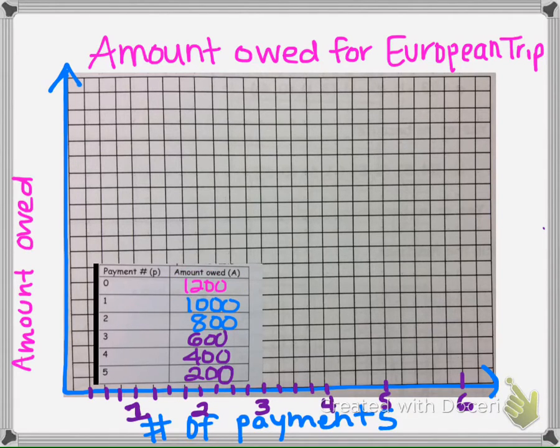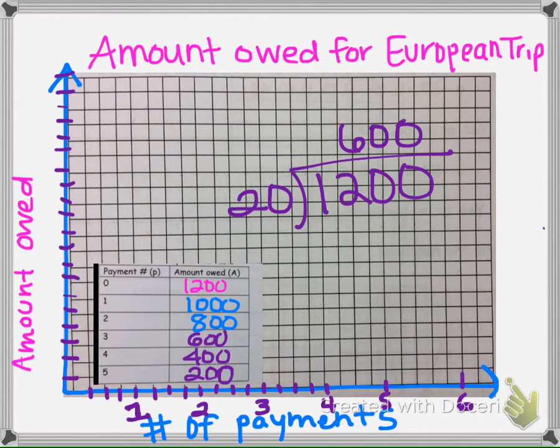So I need to make sure that my vertical axis goes up to 1,200. So there's 1, 2, 3, up to 20 boxes going up, and I need to go to 1,200. So if I do 1,200 divided by 20, I would get 60.